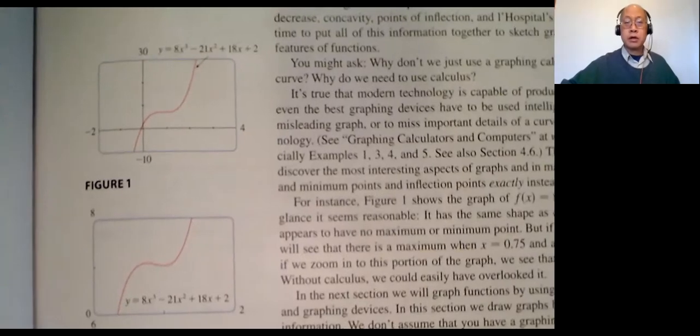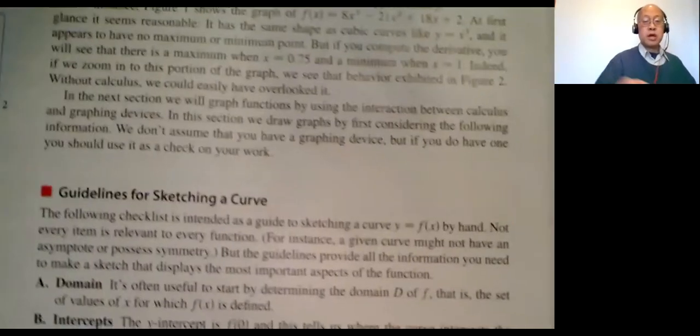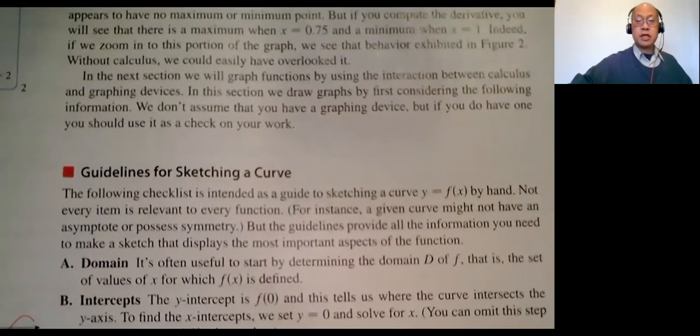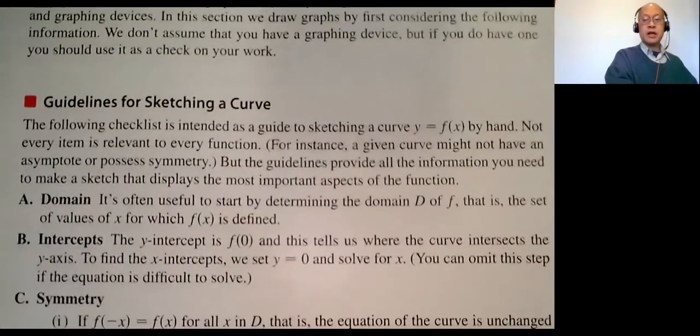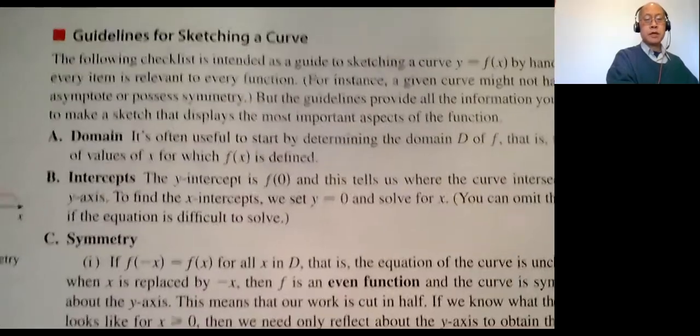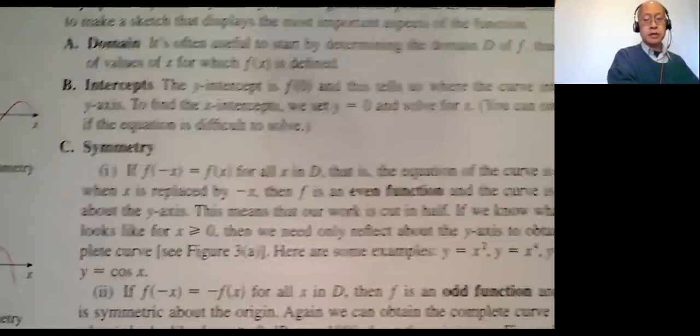All right, so what are we covering in this section that we didn't before? Okay, so guidelines for sketching a curve. I'm on page 315. We have domain to consider, intercepts, figure out what happens when x is 0, y is 0, symmetry.